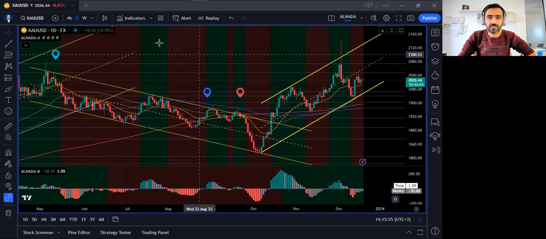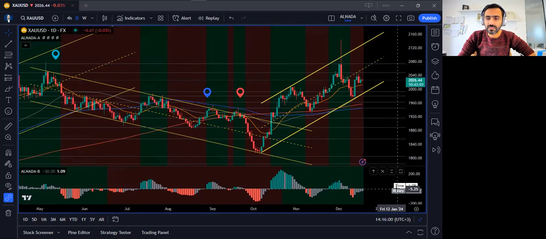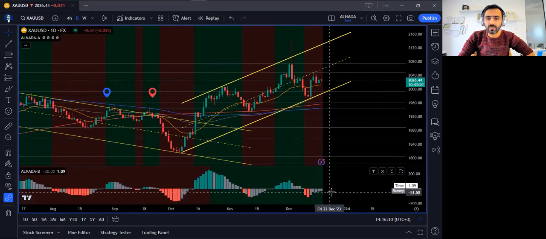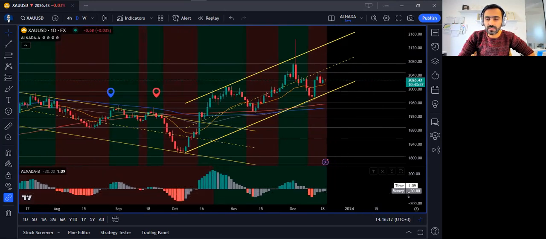Now we know what the background color means. Then we have two numbers here, which measure these bars. This histogram represents the momentum. What does this mean? We need $30, because now on the daily basis gold is in a bearish trend. In order to reverse to bullish again and become a green background, gold needs to gain $30.